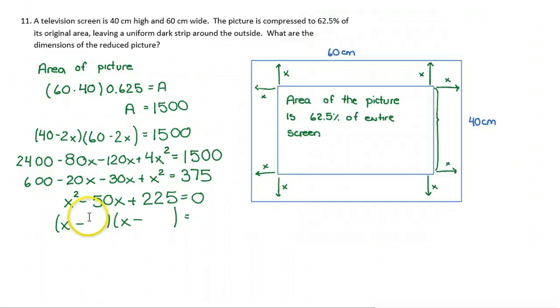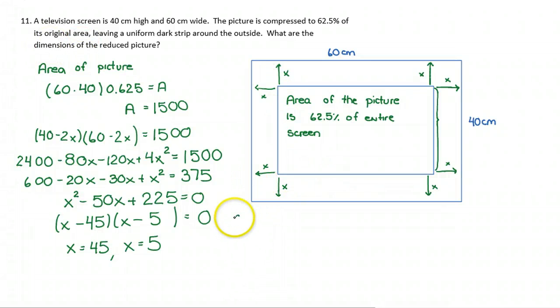So we have x is minus 45, and x is minus 5. So therefore, x is equal to 45, and x is equal to 5.